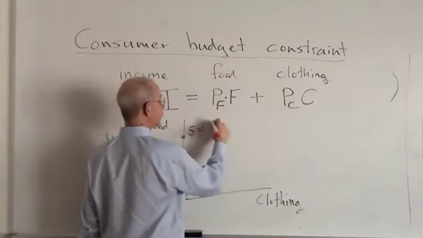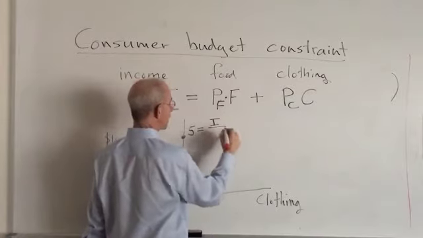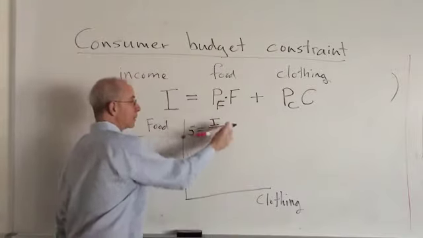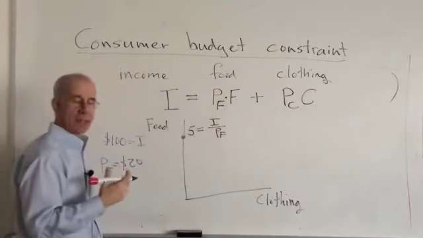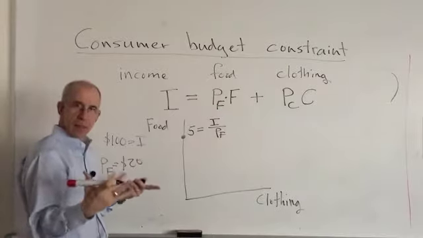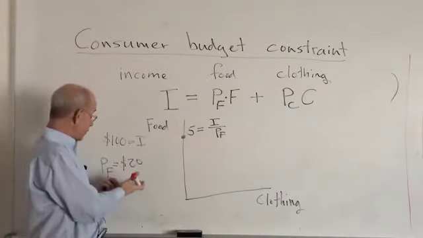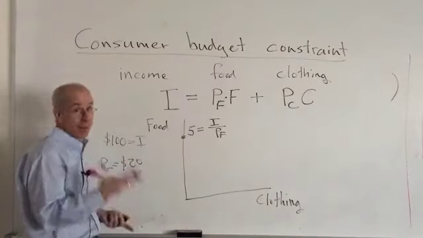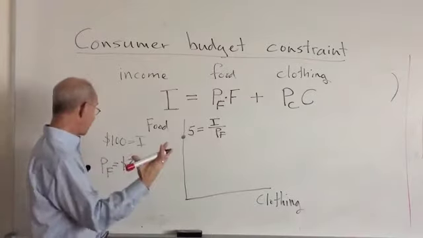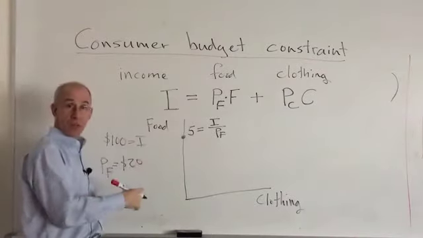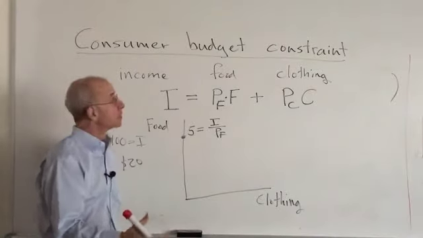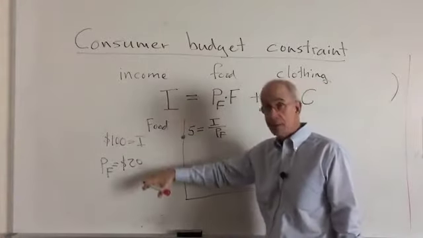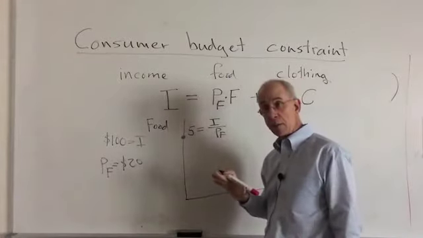And that is equal to your income divided by the price of food. Now this depiction can sometimes get confusing to people, but think about it in just everyday terms. If I got $100 and each bit of food I buy is $20, I can buy 5. 5 units of food times 20 is going to be $100. So this is if I only spent money on food, no clothing, because I've used up all my income to buy food.